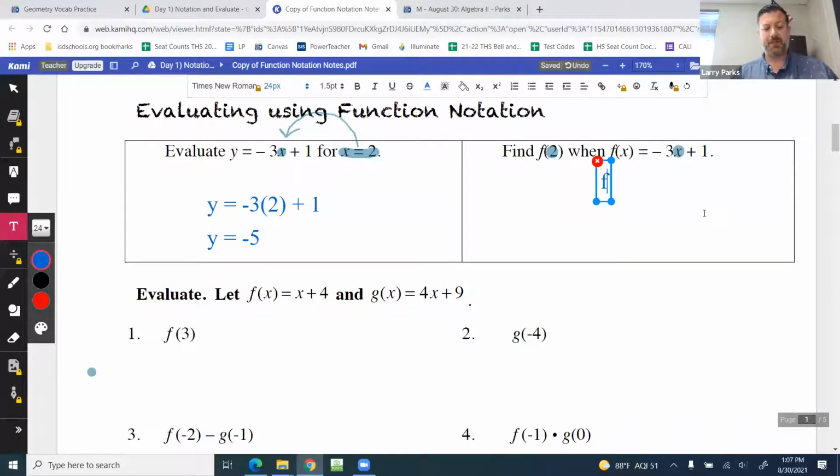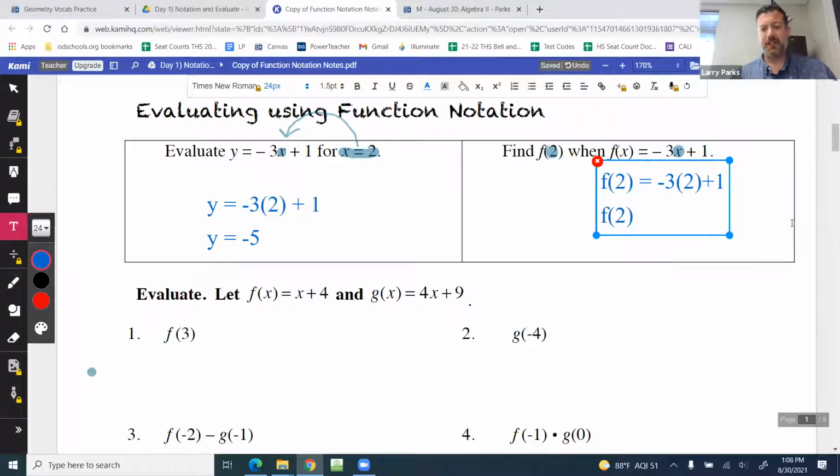So f of 2 means, what do you get back when I input 2? What is the output? So you just take the 2, replace the x, so you get -3 times 2 plus 1. You do the math there.